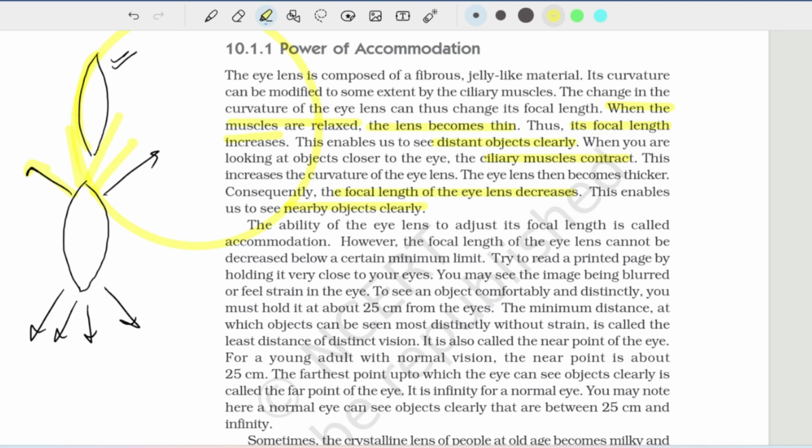Okay, but since our muscles are in a contracted form, if we are seeing something very near to the eyes for longer hours, then what happens? Our eyes feel quite stressed, right? Okay.